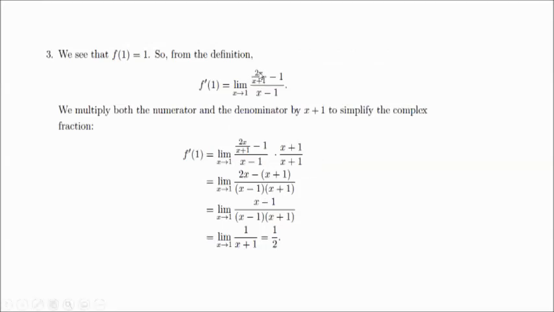So 2 times 1 is 2, and then 1 plus 1, so 2. 2 over 2 is 1. Kaya 1 dito. And then copy yung x minus 1. Okay, so dito mag-undefined na naman kapag direct sub. 1 minus 1, so 0. So let's find another way.